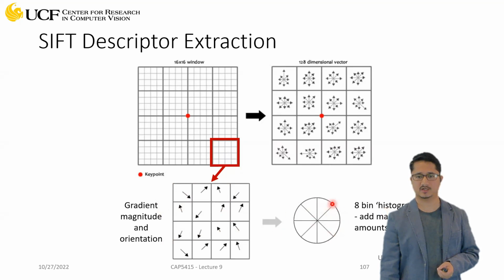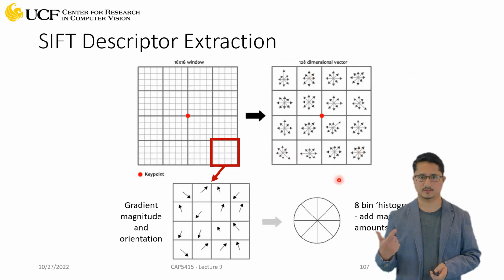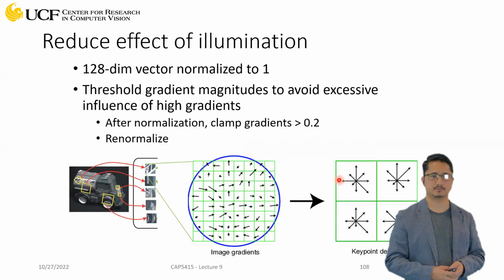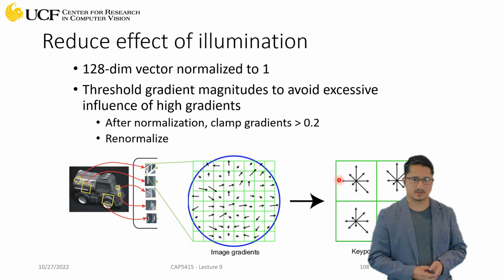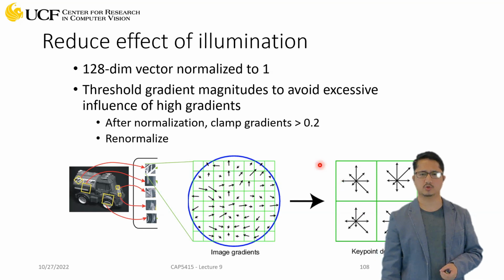For example, if there are 8 bins, you can have 8 different values for that, and then you will have 8 values for each cell. Then you can just concatenate for all the cells you have in this block, and that's going to give you your SIFT feature descriptor.